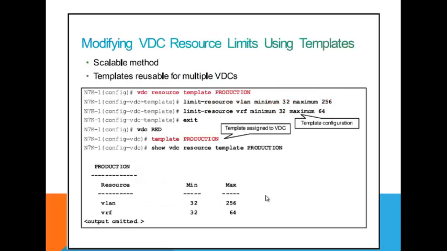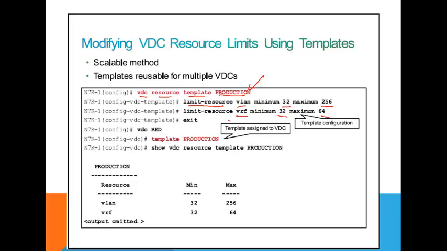We can also create a template and do the same. We can say vdc resource template, give a name, and then say limit-resource: VLAN minimum is 32, maximum is 256, and VRF minimum is 32, maximum is 64. Then we can call this particular template under a VDC. You remember we did the revision, the question paper section 1.4 or something talks about this, creating a template and assigning it to VDCs.